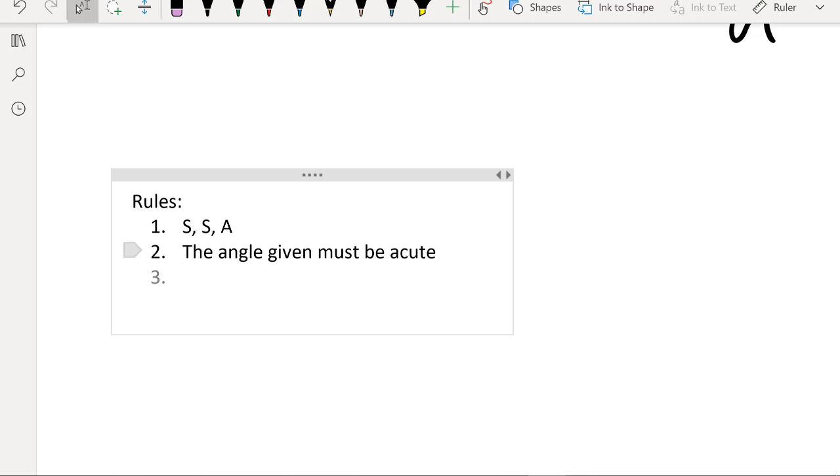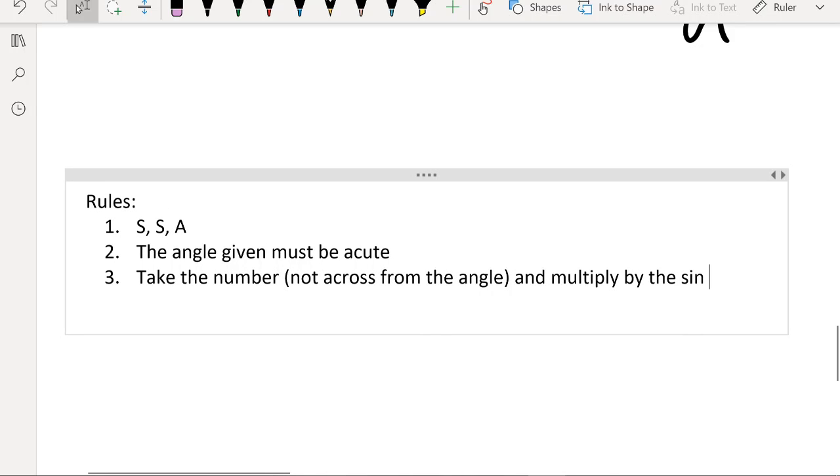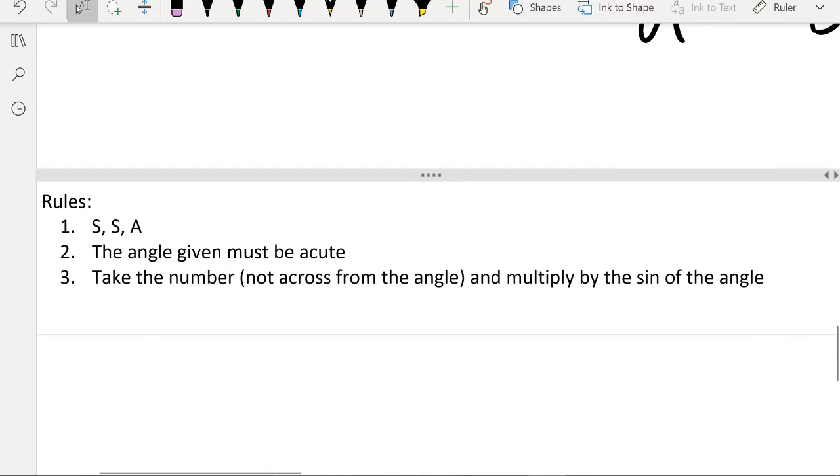You take the number not across from the angle, this is all stuff I said earlier, and multiply by the sine of the angle.